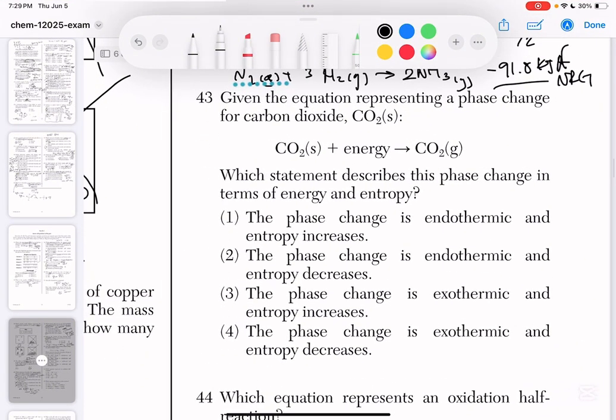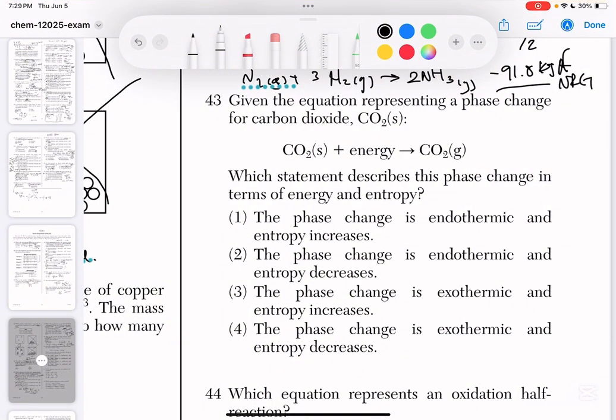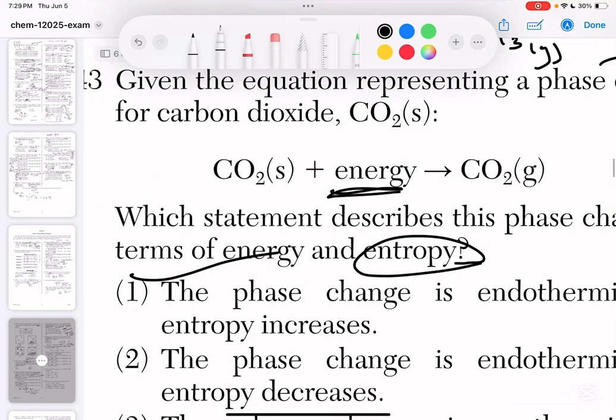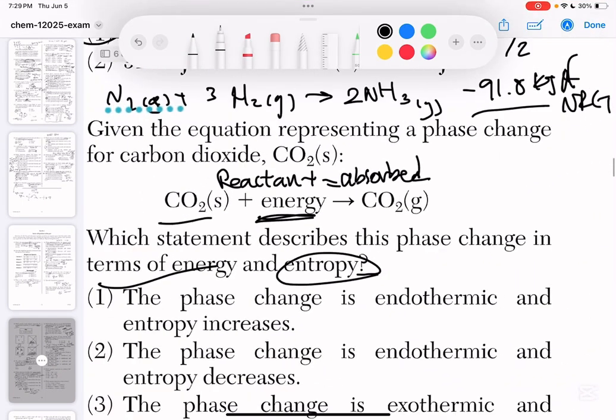Given the equation representing a phase change for carbon dioxide in terms of energy and entropy. Since energy was a reactant, it was absorbed. This had to absorb energy in order for the reaction to happen.